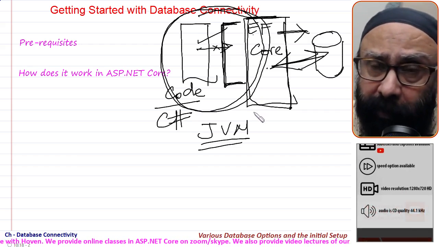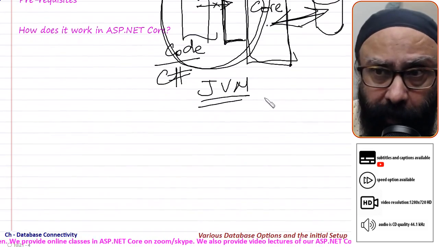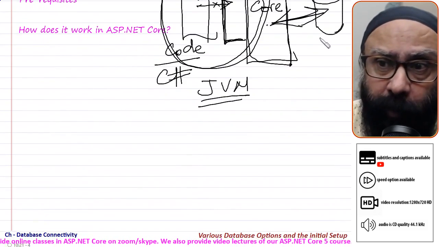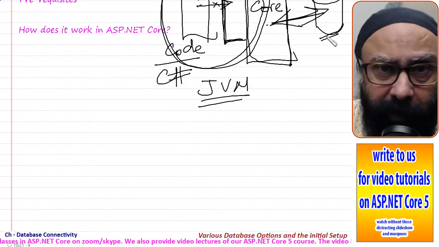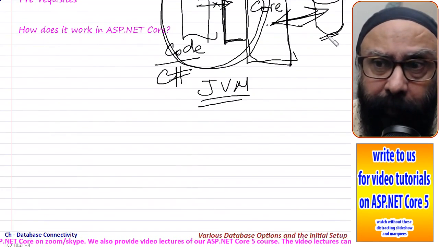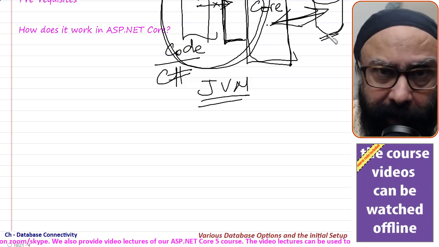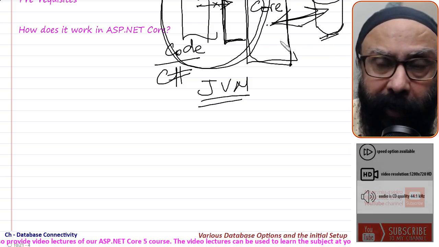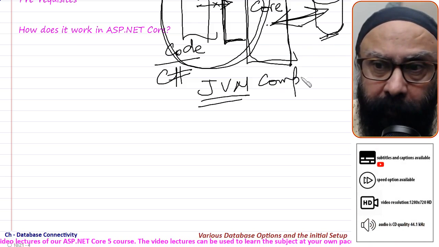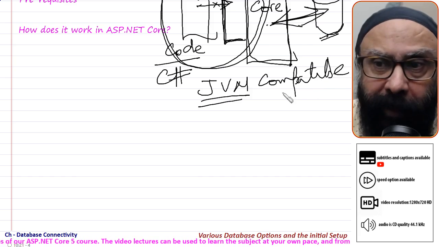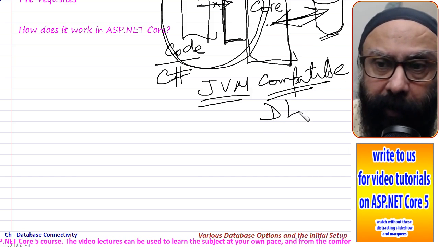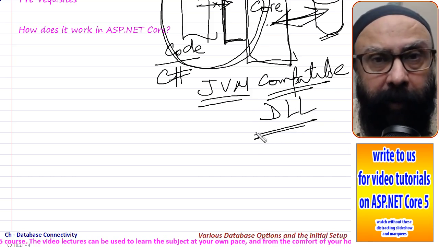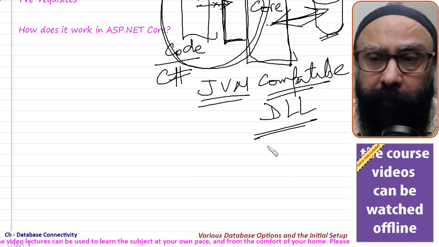So now you must have already understood that it is the responsibility of the database company, the company or the person who provides the database, to provide a compatible DLL, or your packages.